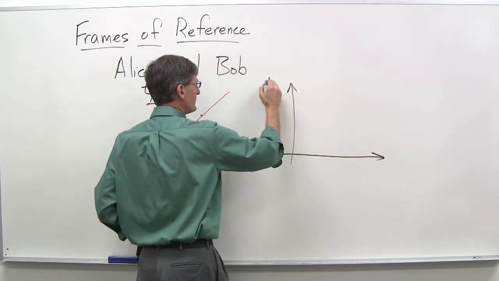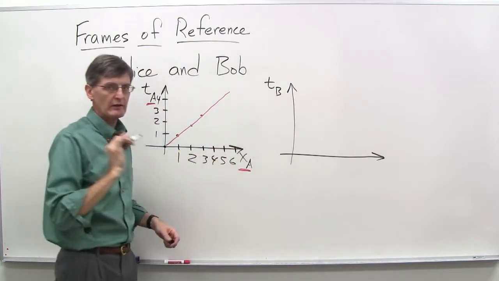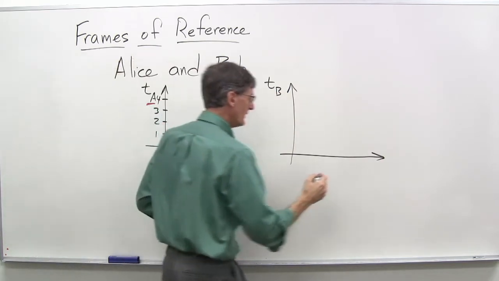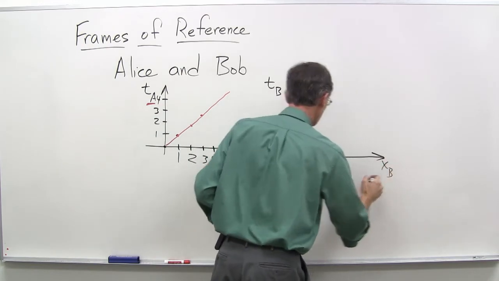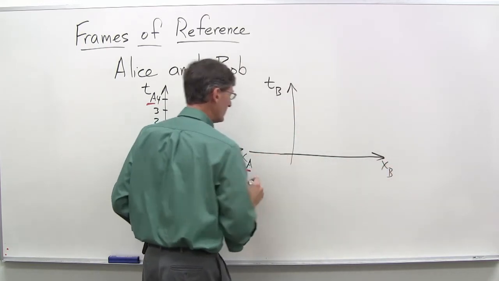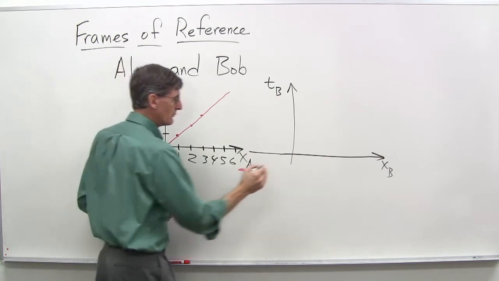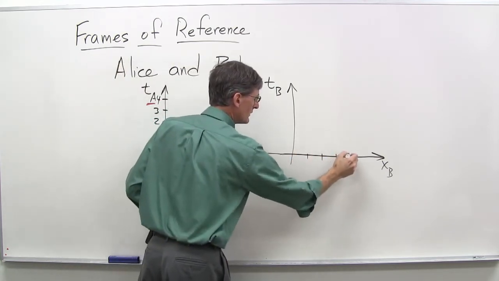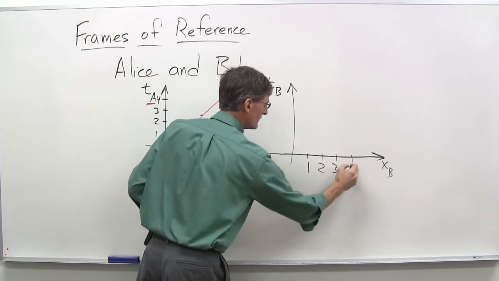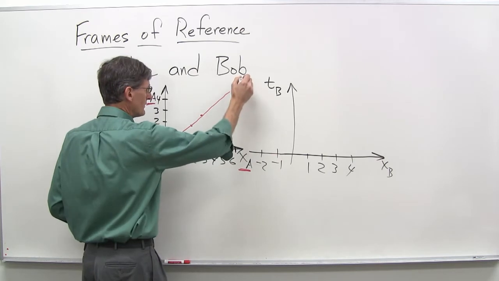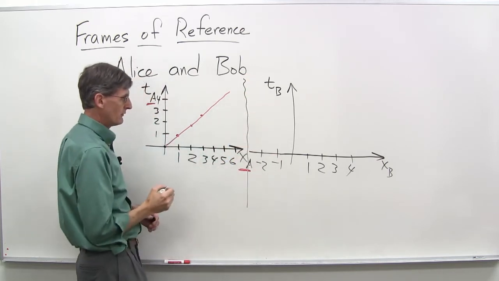And we'll label this T sub B, because this is Bob's perspective, Bob's frame of reference. And this is X sub B. And actually, in this case, we needed some negative values here, but we'll put these in. Like 1, 2, 3, 4, -1, -2, and now we're running into Alice's plot there.